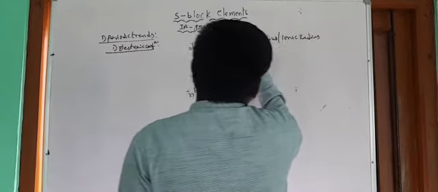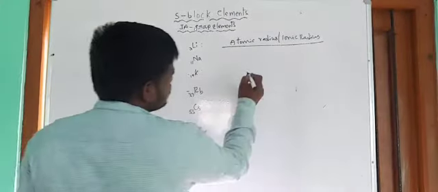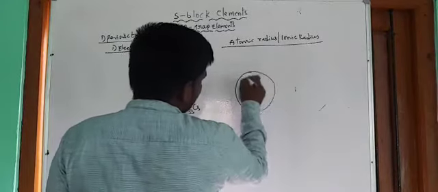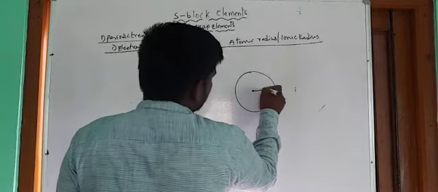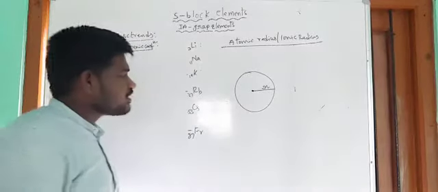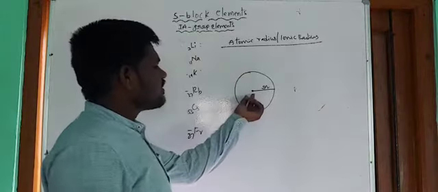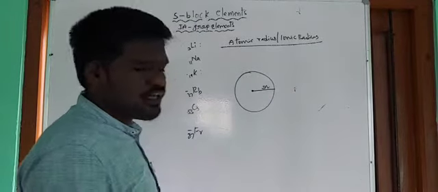So right guys, atomic radius means the distance between the nucleus and the outermost shell of an atom is known as atomic radius. The distance between the nucleus and outermost shell of an atom is known as atomic radius.